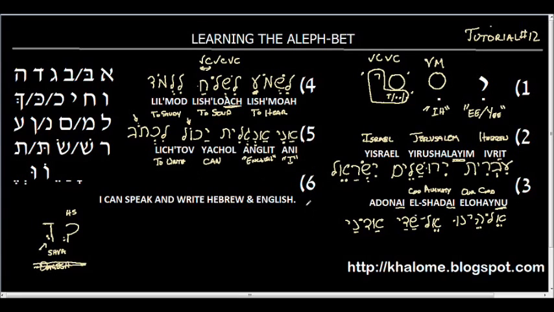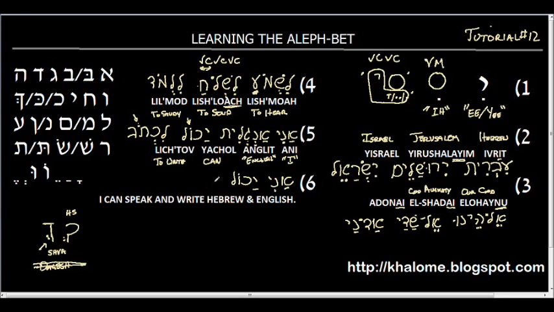We would say ani, which we've already just learned, ani, which means I. Yachol, well, this is how it is for a masculine. It'd have a different ending if it was a female.